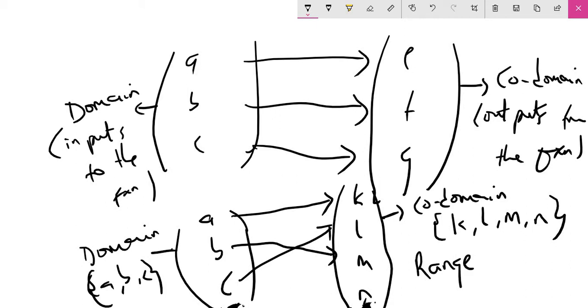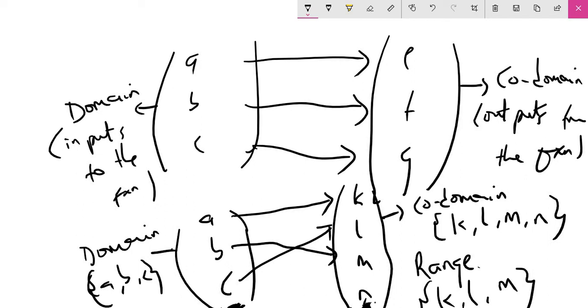The range is only those output elements that arise directly from the inputs. So range gives you all possible values that a function can give you.